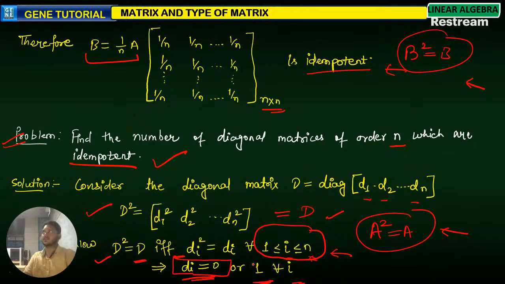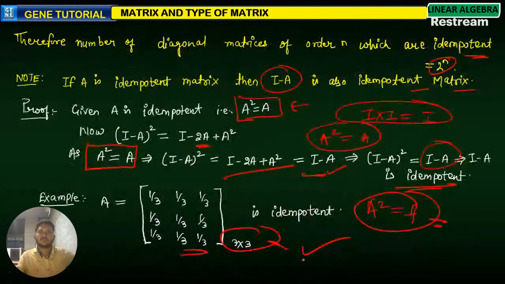The next point is the number of diagonal matrices of order n which are idempotent. What does it mean? If A is an idempotent matrix, then I minus A is also an idempotent matrix. So for a matrix of order n, the number of idempotent diagonal matrices is 2 to the power n.